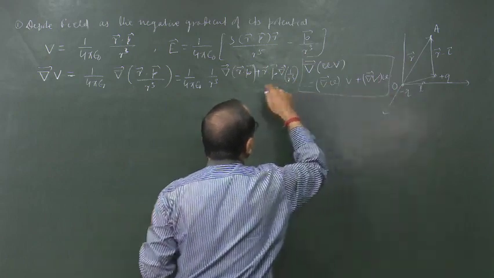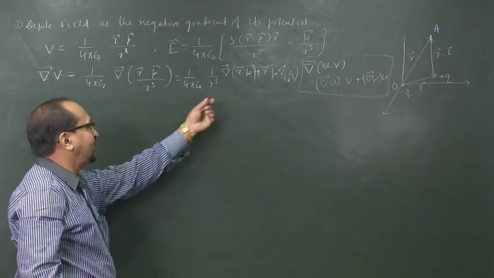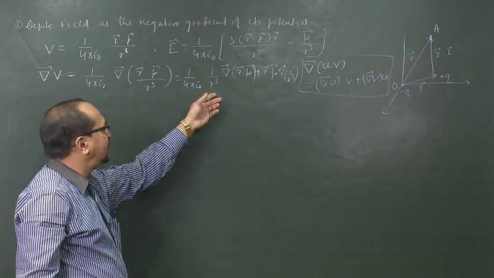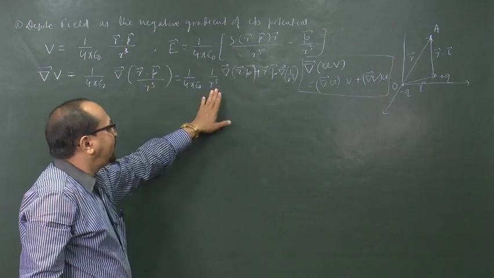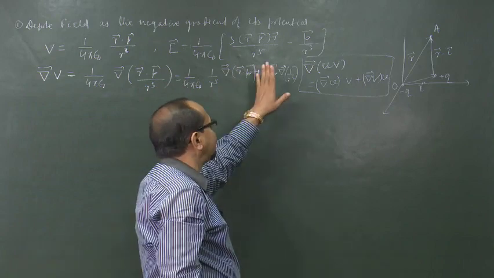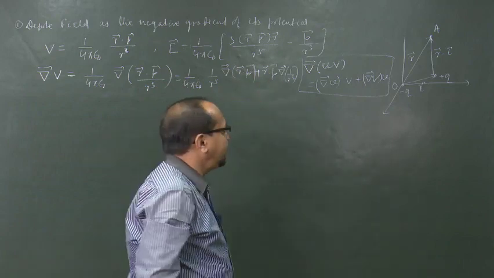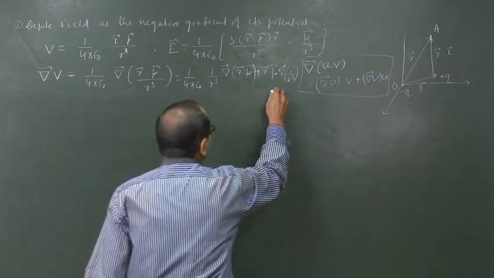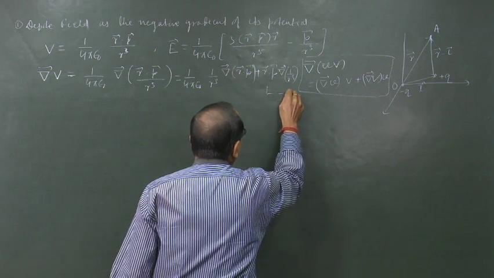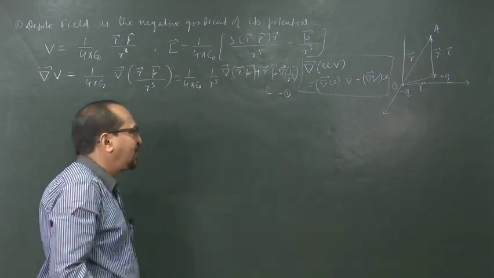This is the rule we use here. r dot p is a scalar, 1 by r cube is a scalar, and we get 1 by r cube into the gradient of r dot p plus r dot p into the gradient of 1 by r cube. Let us say this one is equation 1.